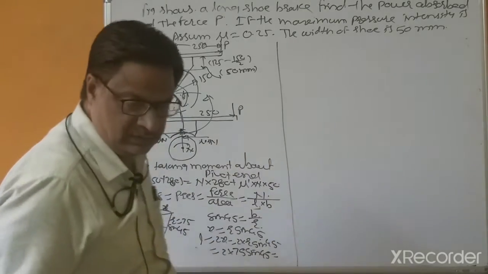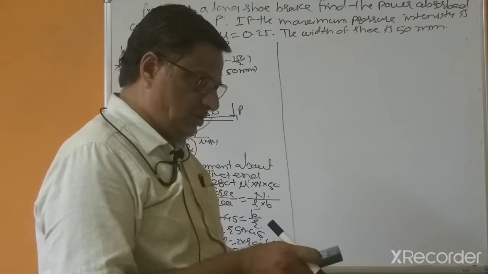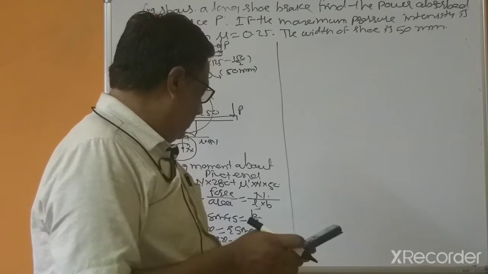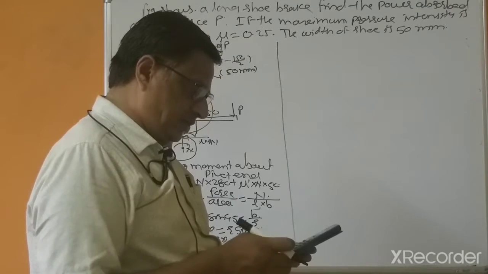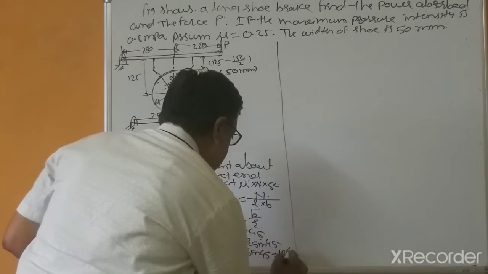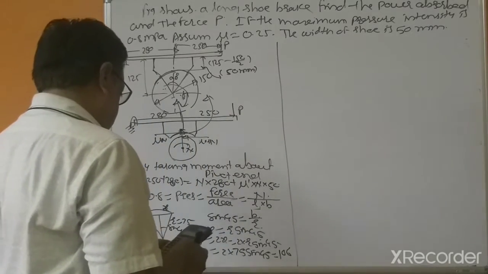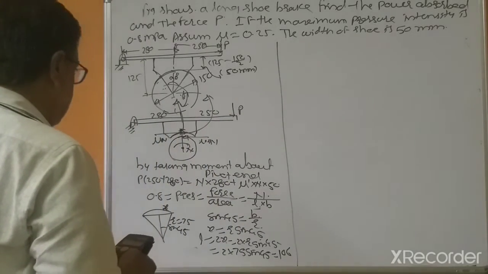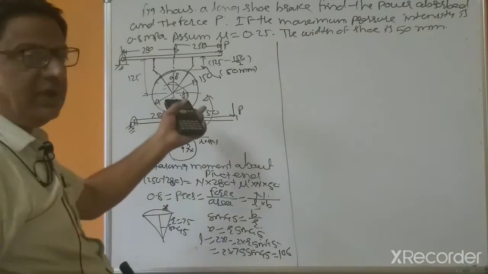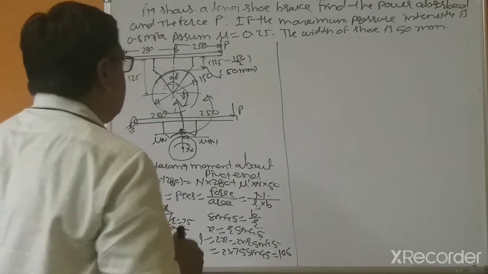How much is it? Sine 45 multiplied by 150 equals 106. So total length, this is one diameter 150, means this may be correct.